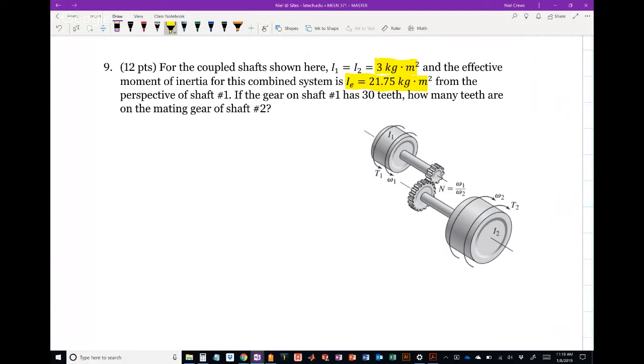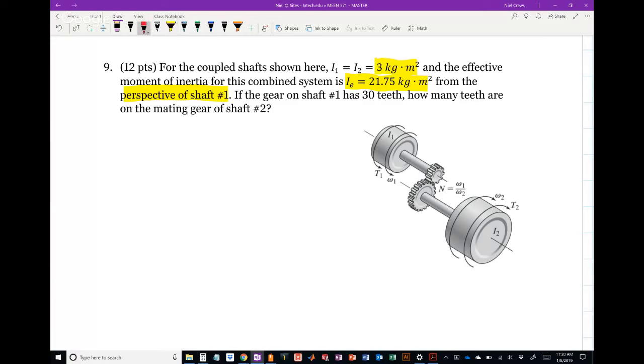If you just sum up the two, 3 kilograms and then 21.75, there's a big difference. 6 would be just double. So I hope you can see that there's going to be something that's spinning pretty fast right here. So we're going to do this, as it says here, from the perspective of shaft number 1.